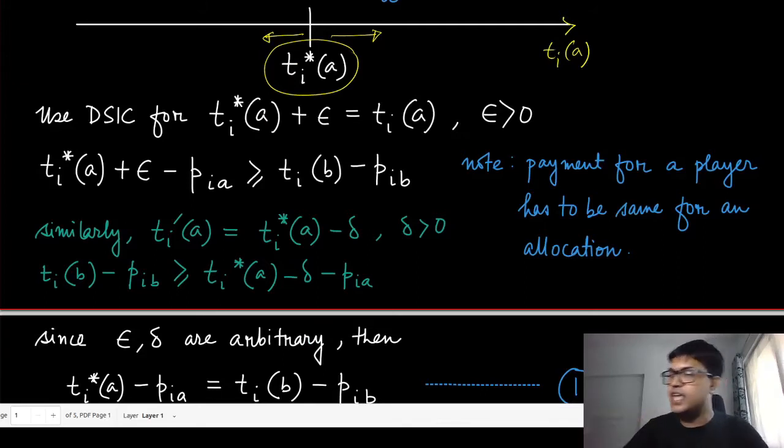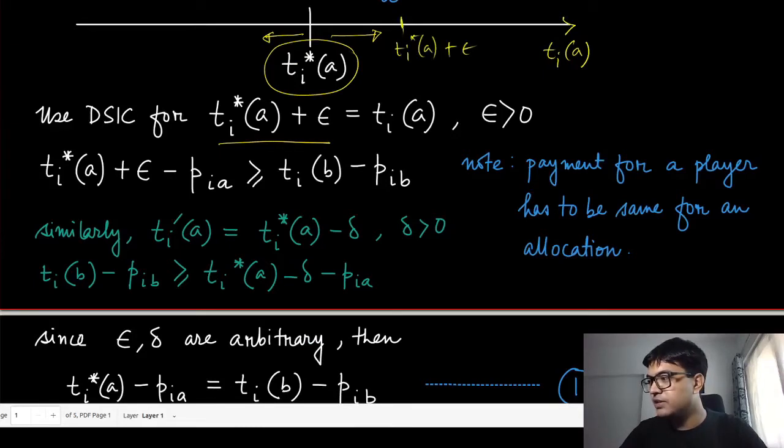First, a t_i(A) which is slightly above this threshold, so let's say somewhere here, which is t_i*(A) plus epsilon. If t_i(A) is so, then we can apply the condition of DSIC. DSIC says that if you reveal your valuation truthfully, then the utility that you are going to get is at least as much as if you misreport to something else.